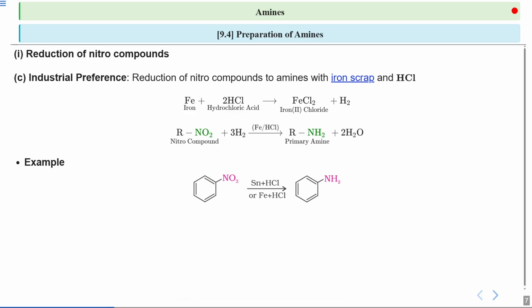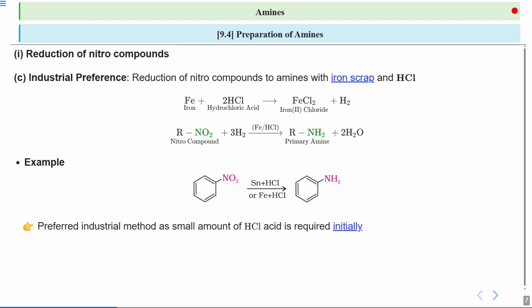Let us look at an example. Here you have the NO2 group, that is nitrobenzene. Here you will see reduction of the NO2 group into an NH2 group using Sn plus HCl or Fe plus HCl.